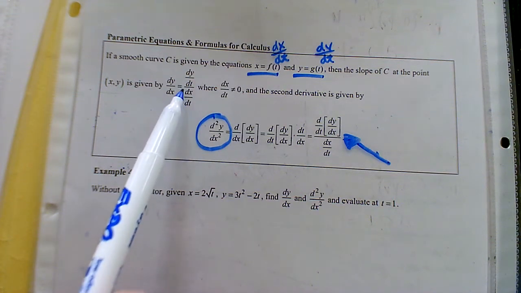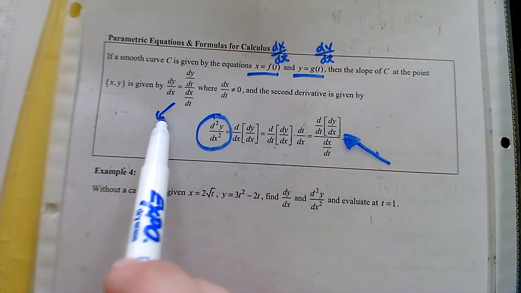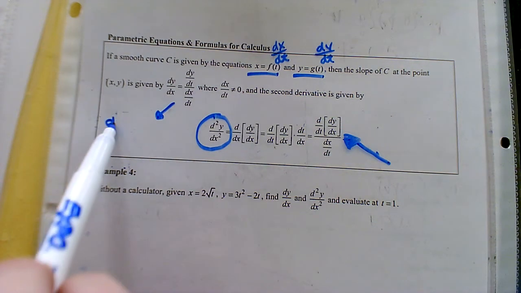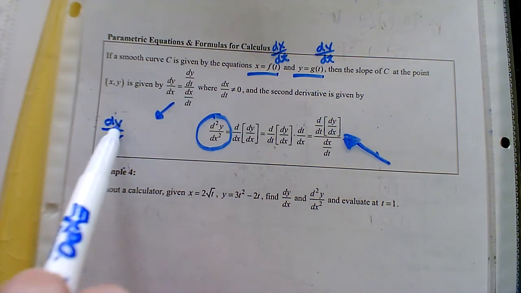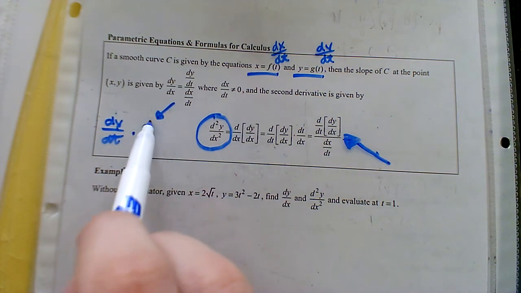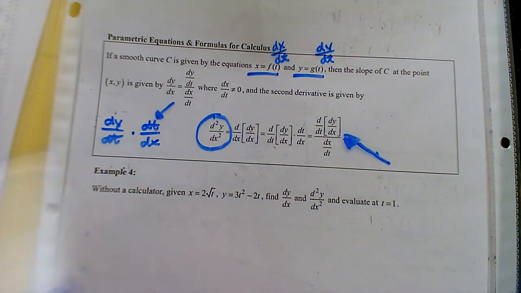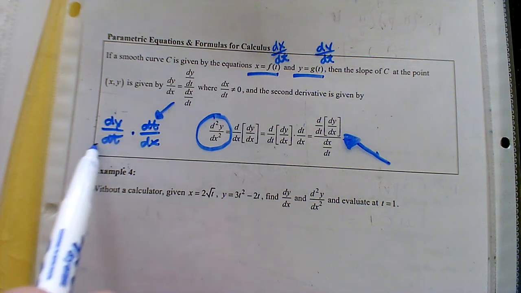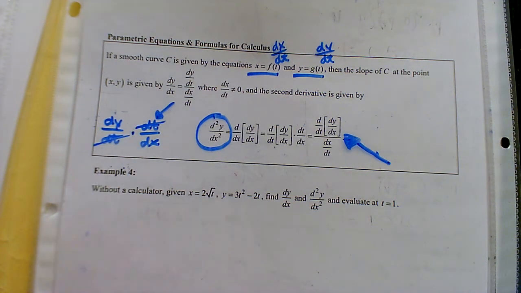If you were dividing a fraction, what's a similar operation? Instead of dividing by dx over dt, what else could you do? Multiply by the reciprocal, which would be dt over dx, right? And notice how the dt's would cancel, and you're left with dy over dx.